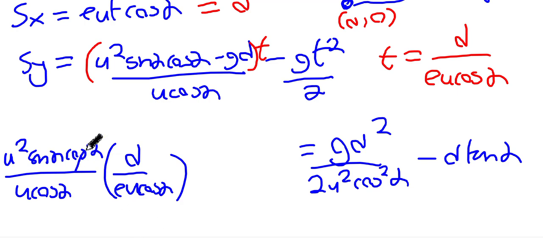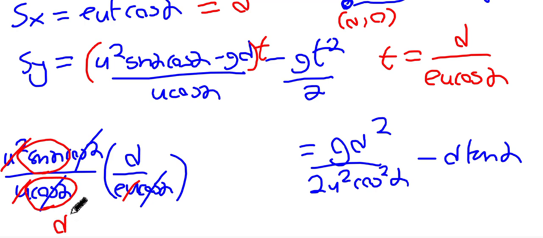I'm thinking that cos alpha takes out that cos alpha. Agreed? I'm thinking this u takes out this u. Oh, sorry, the two u's on the bottom take out the u squared on top. And I'm thinking that the sine alpha over the remaining cos alpha is what? So that just turns into d tan alpha.